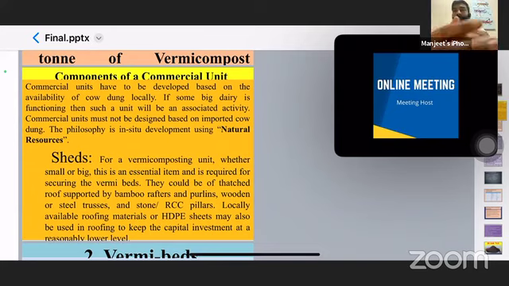They could be thatched roofs supported by bamboo rafts, purlins, wooden or steel trusses and stone. Some may have RCC pillars. But as far as lowering the input cost is concerned, we need to use locally available roofing material that is more economic as well as long-term sustainable.